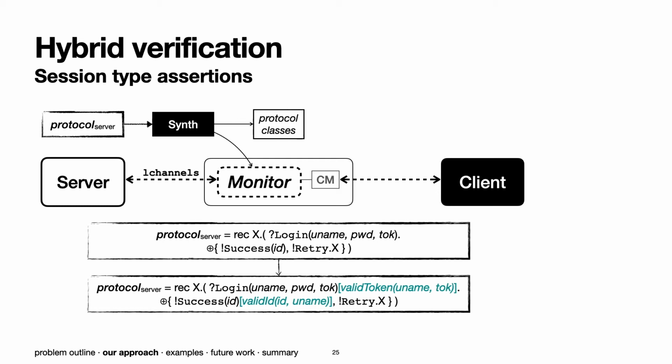In this case, when the client sends a login request, the monitor invokes a user-supplied function named valid token with the values of the username and the token, and checks whether the token is valid or not. If it is invalid, the monitor raises a violation. Otherwise, the monitor would forward the message to the server. Similarly, this is done when the server sends success, in which the session ID is validated.